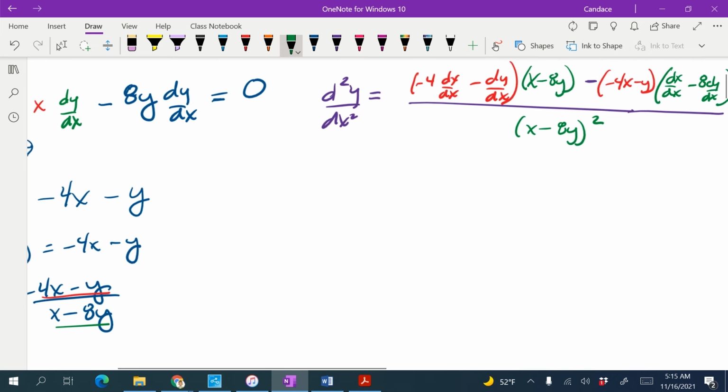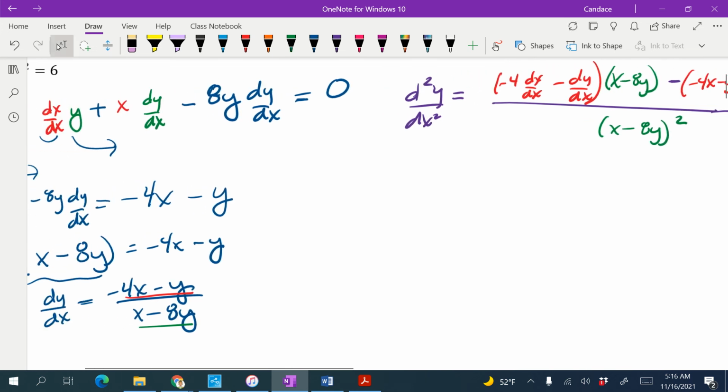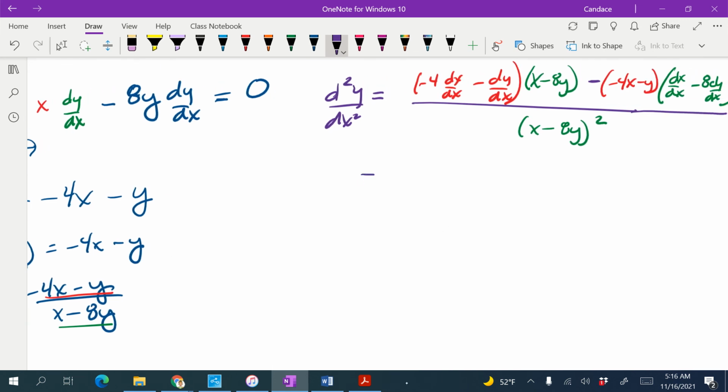Now, that's really super ugly. All we're going to do is replace our dy/dx's and reduce our dx/dx's to 1. But we're not going to try to simplify it beyond that. So we're going to do negative 4 minus, and I'd probably put parentheses around this, negative 4x minus y over x minus 8y.